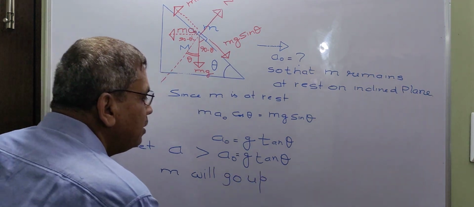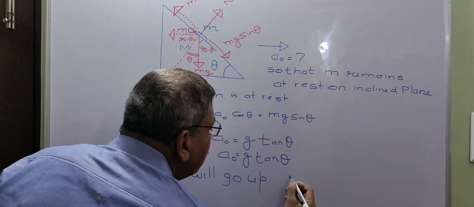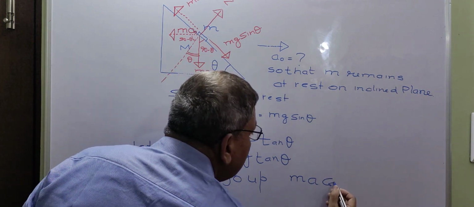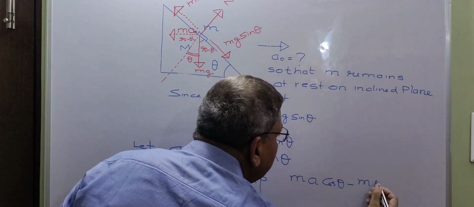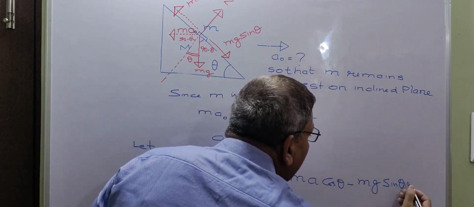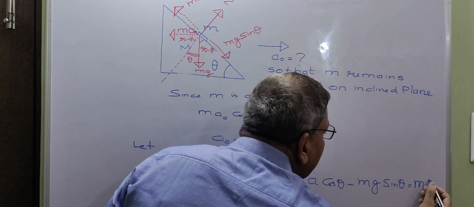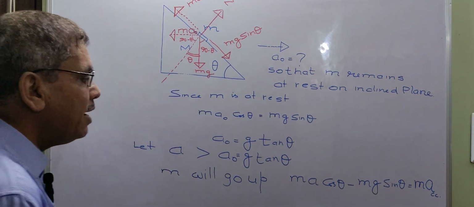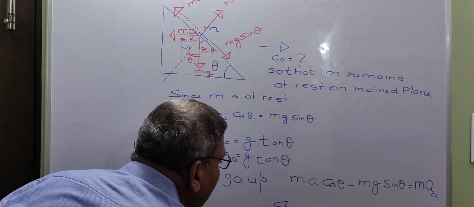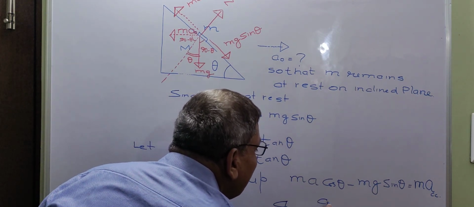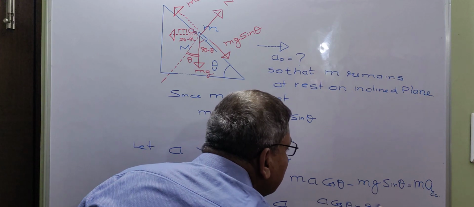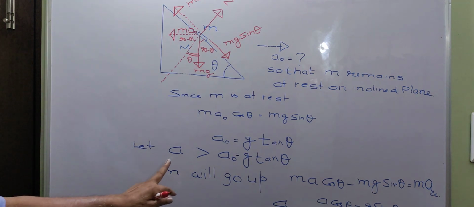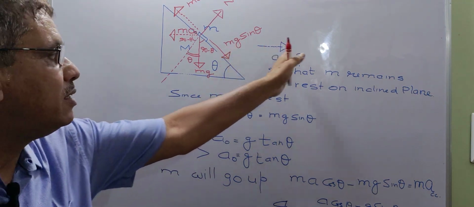What will be the net force acting up? That will be equal to ma cos theta minus mg sin theta, and that will be equal to mass times the acceleration of that block in the upward direction. So the acceleration up the plane equals a cos theta minus g sin theta, if A is greater than A0, right?